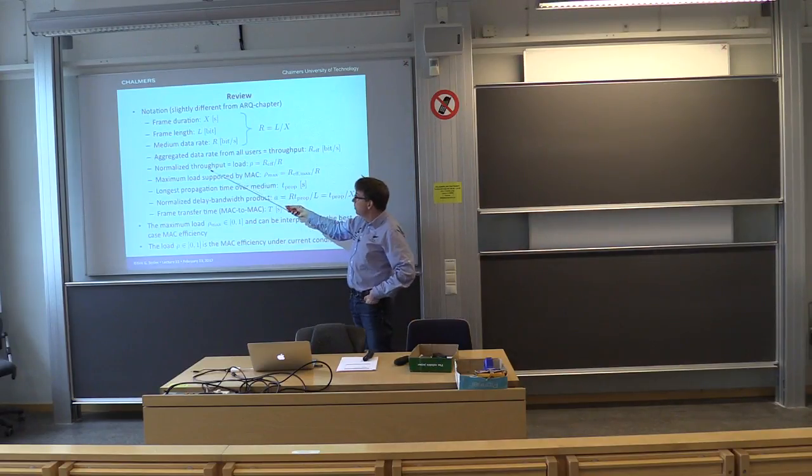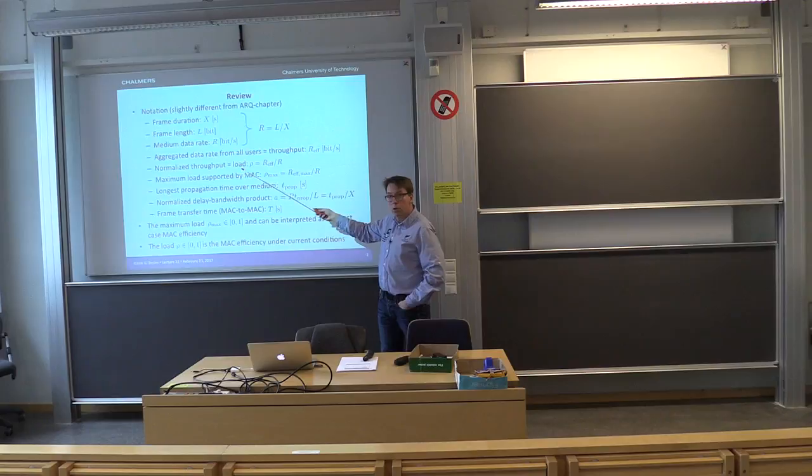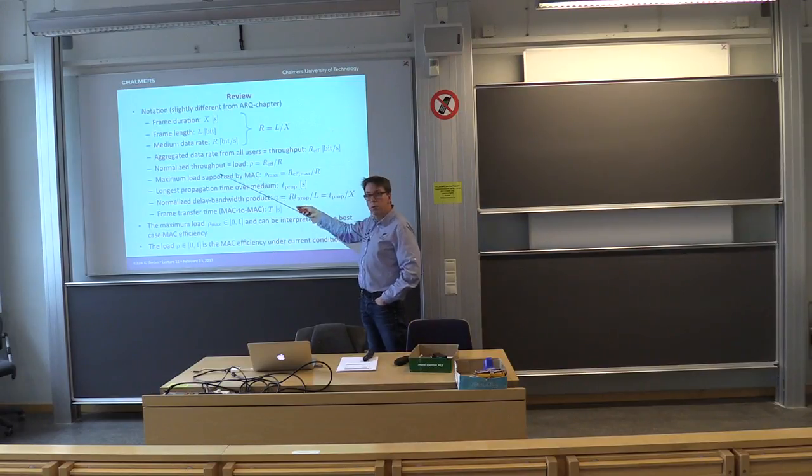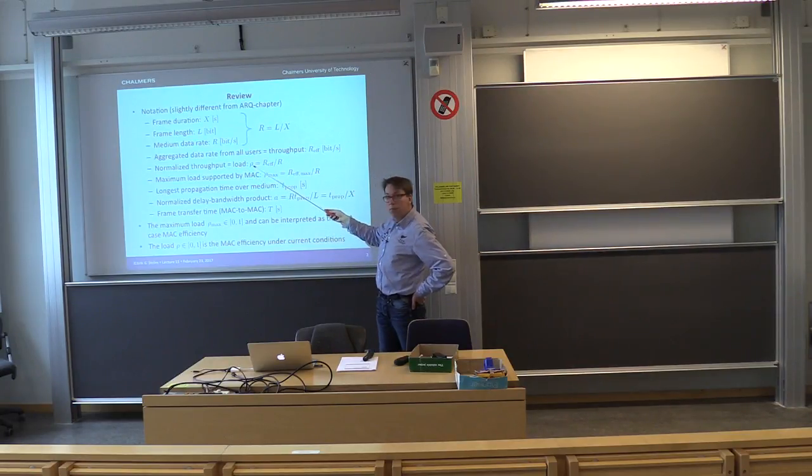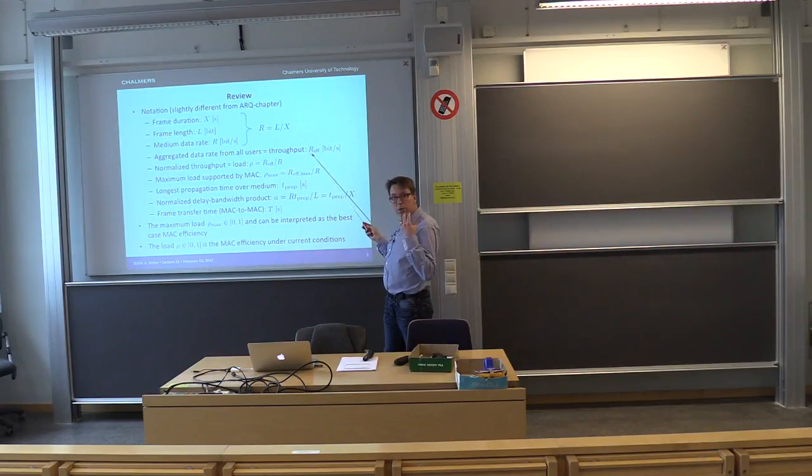The normalized throughput is also called load. Both of these words we will use simultaneously, depending on what aspect we want to emphasize. Variable rho is the effective rate, the user data rates, divided by R. So again, this is the number of bits per second transmitted by all users of the medium, and R is the maximum rate that the medium can support.